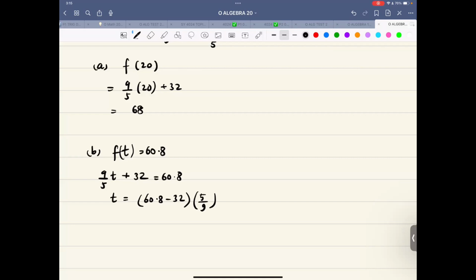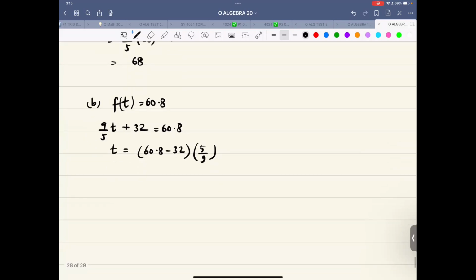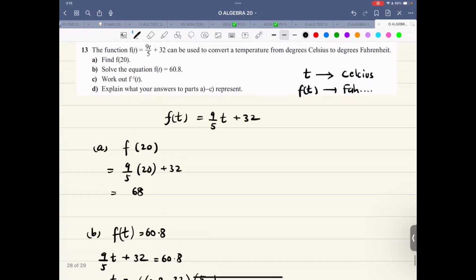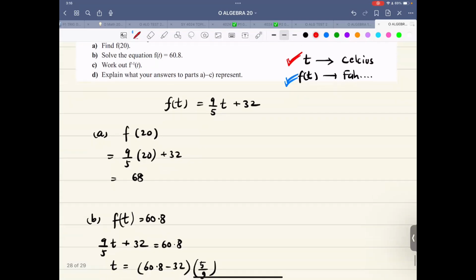That is 60.8 minus 32, that is 28.8 divided by 9. 3.2 into 5, that is 16. So t comes out to be 16. Again, the concept is the same. They can give you t and ask for f of t, or they can give you f of t and then ask for t.